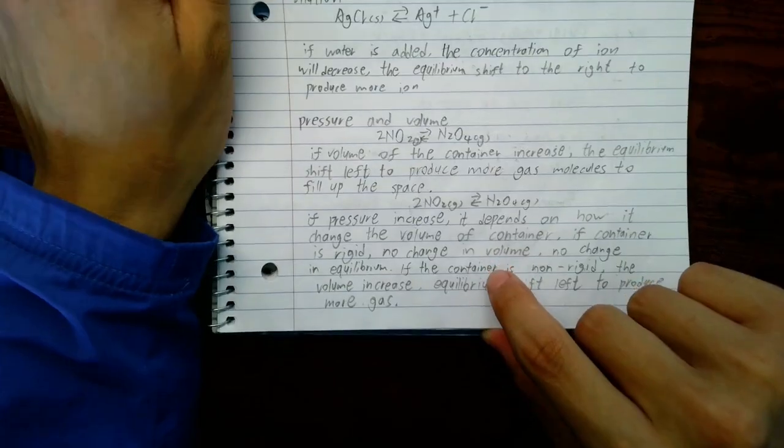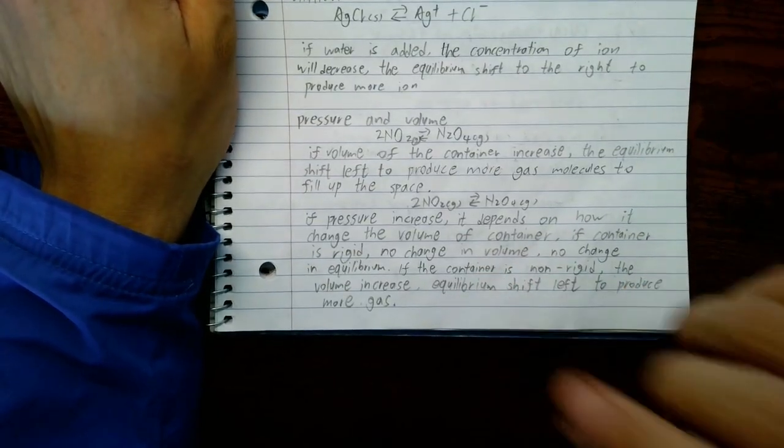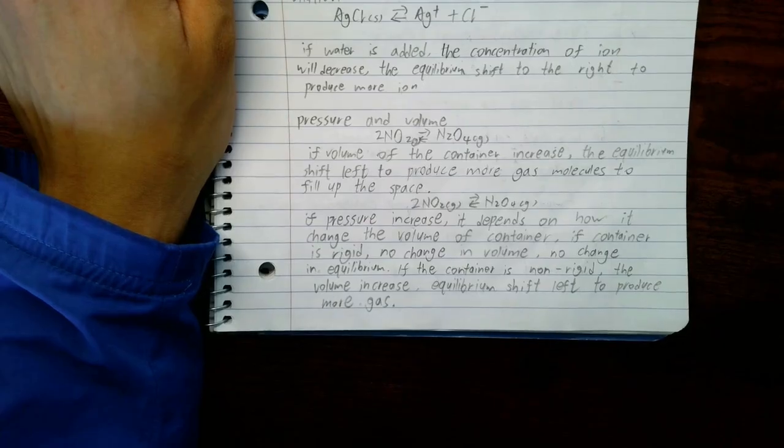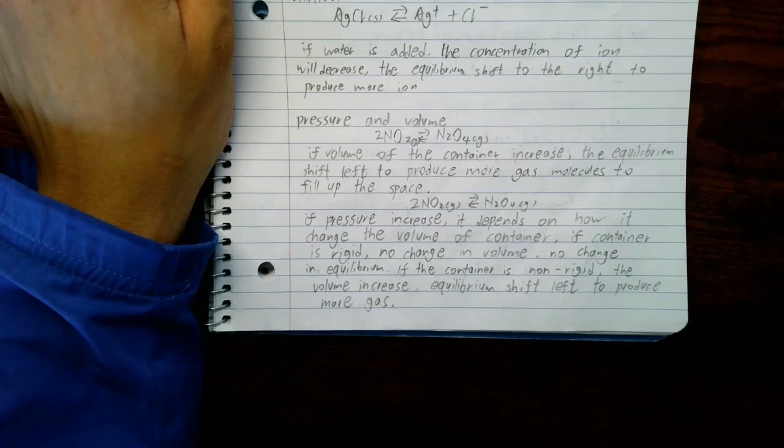It is very tricky when the pressure is increased or decreased, because it depends on the type of container. There are two different types of containers. One is called a rigid container and the other is called a non-rigid container. As the name suggests, the rigid container will not change its volume if the pressure changes.